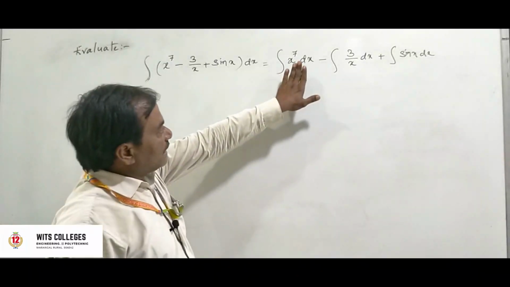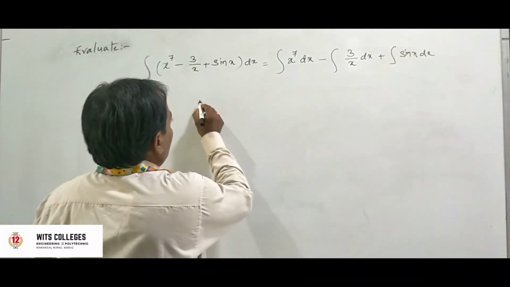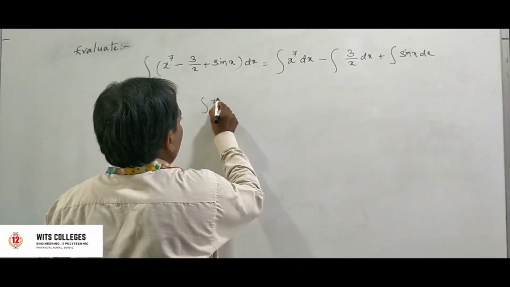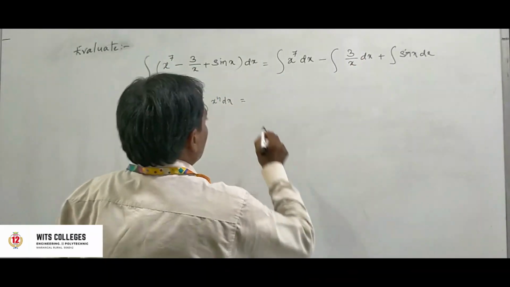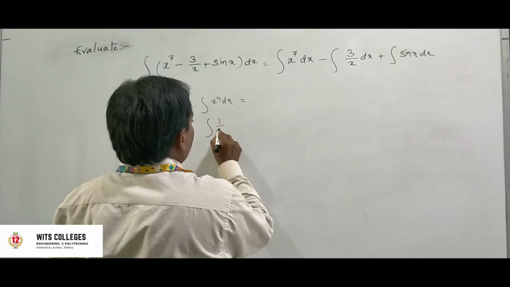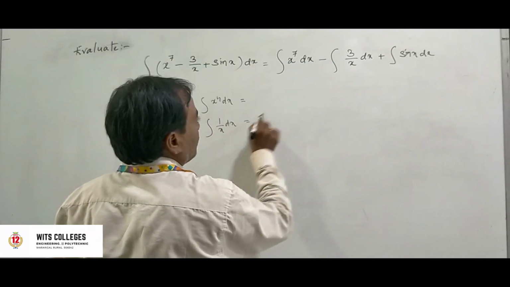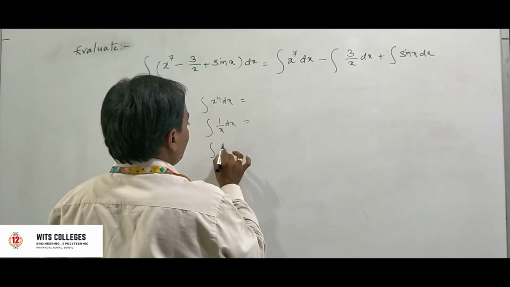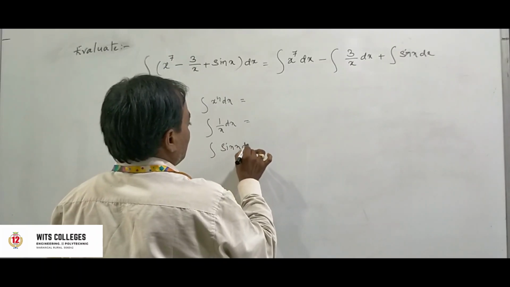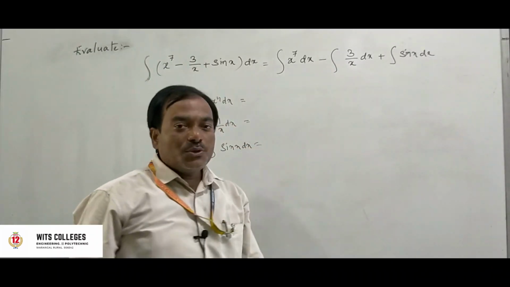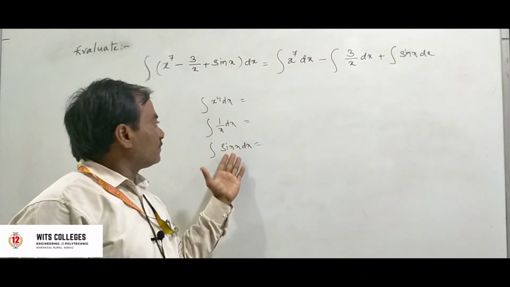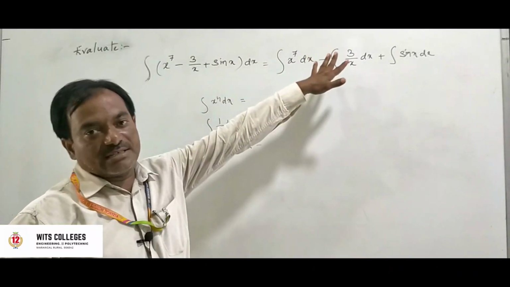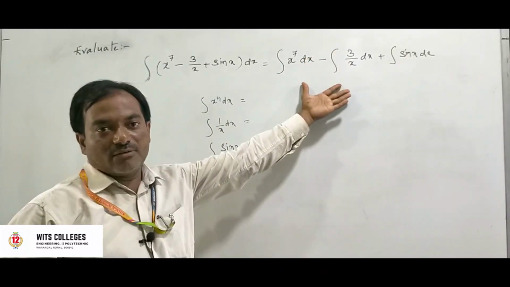Now this integral is in the form of integral x to the power of n dx, this is in the form of integral 1 by x dx, and this is the direct formula integral sin x dx. If you know the integral values of these three integrals, this is very simple. Otherwise we cannot find this integral value.